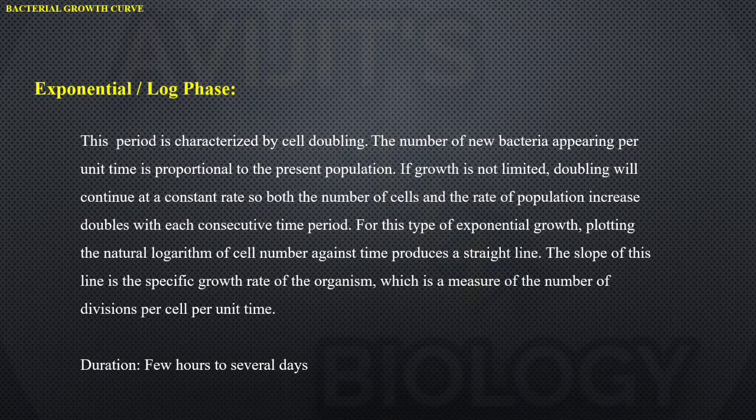For this type of exponential growth, plotting the natural logarithm of cell number against time produces a straight line, and the slope of this line is the specific growth rate of the organism, which is a measure of the number of divisions per cell per unit time. The duration of this phase is a few hours to several days.